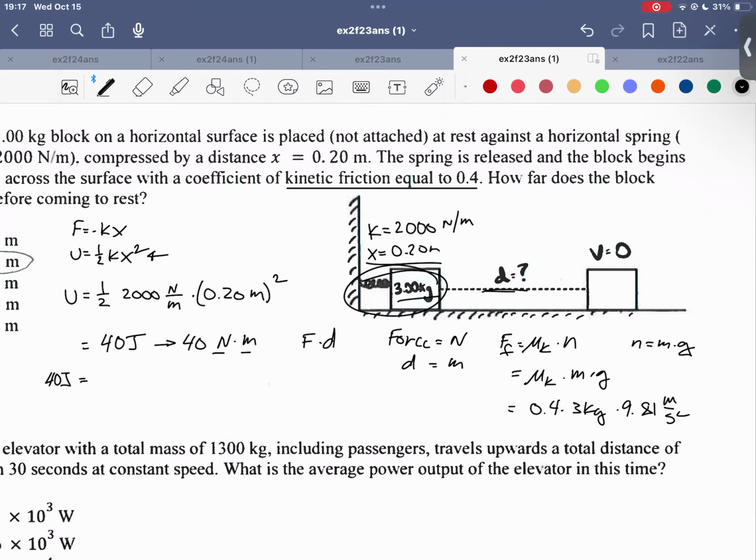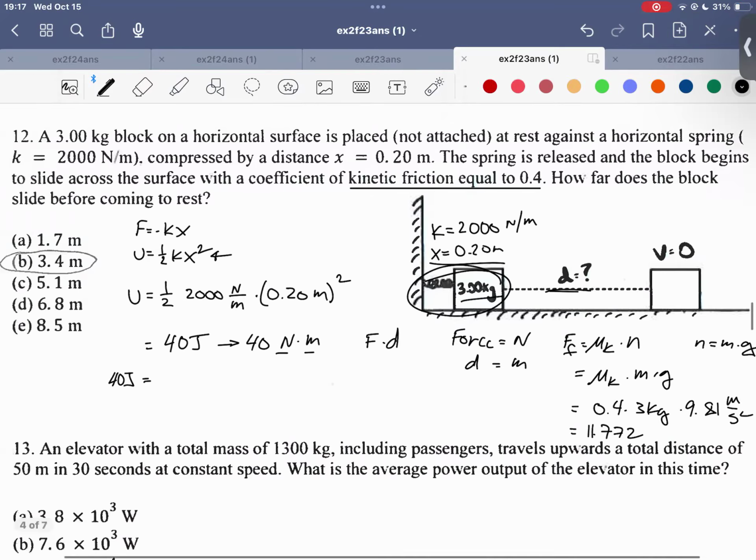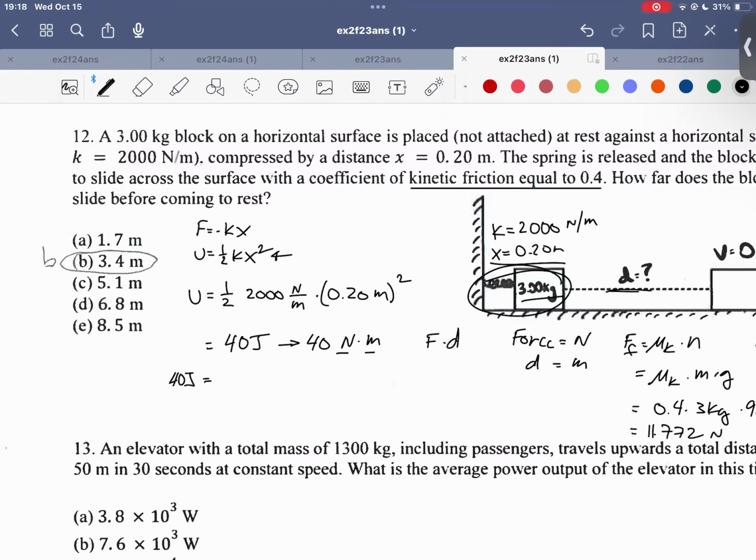And then we solve and we say it is equal to 11.772 newtons. So 11.772 newtons times distance, and solving, we get distance is equal to 3.39 meters. So that's that one.